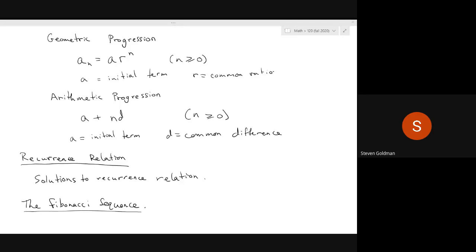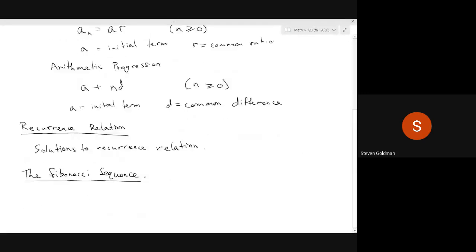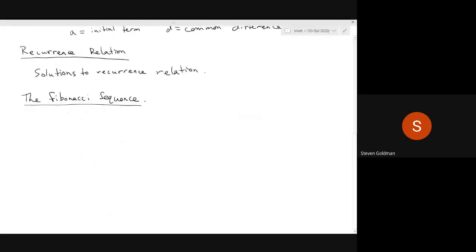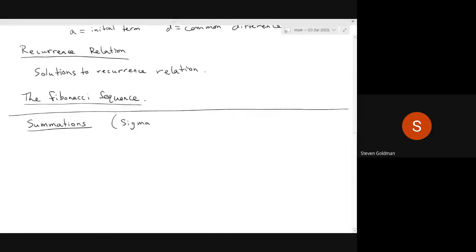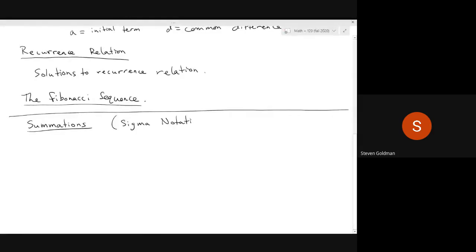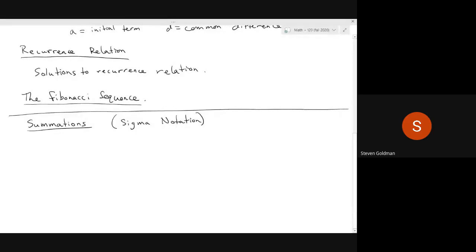If there are no questions, we're going to now continue in section 2.4. Today we're going to discuss summations and something called sigma notation. This is a topic which I'm sure most of you, if not all of you, have seen before in some capacity.